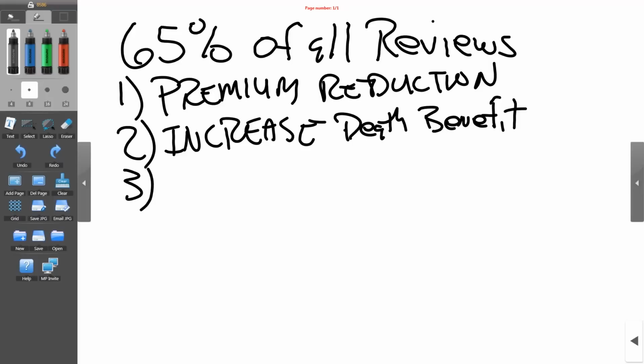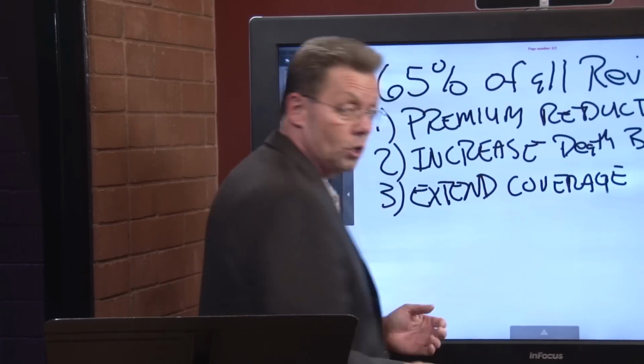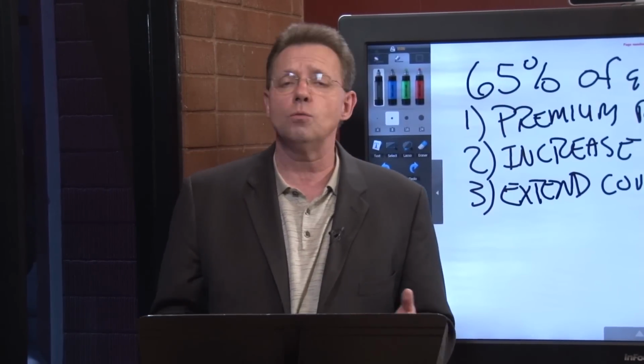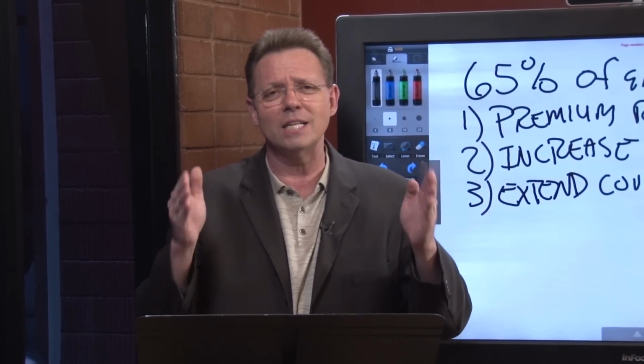The third thing that's really important is it could extend coverage. Maybe the cash values on the existing policy are not enough to get past what the client thinks he's going to live, or as we call it, his life expectancy. Once I look at the 2001 CSO, I can get an idea where we think the client's going to be.